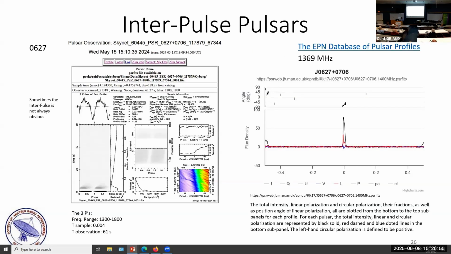Into another interpulse. This is RA 627. Here we see somebody selected a very large range. That's good.